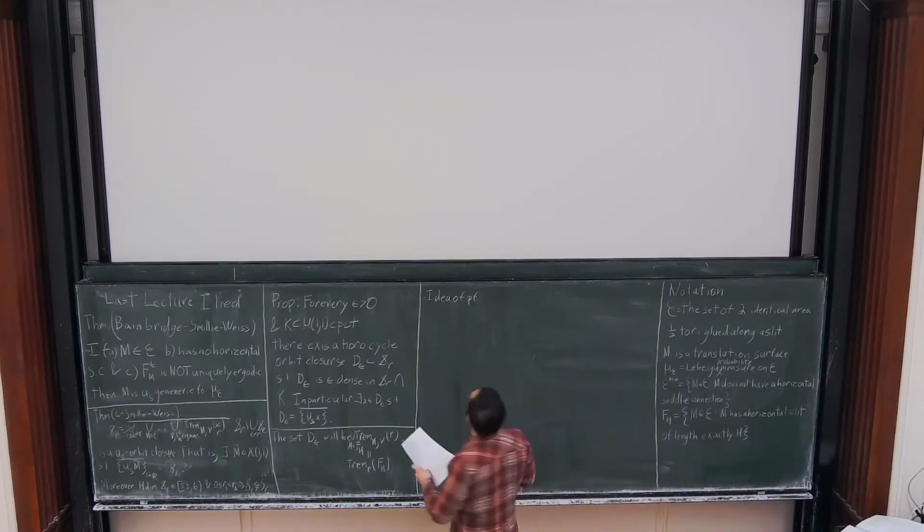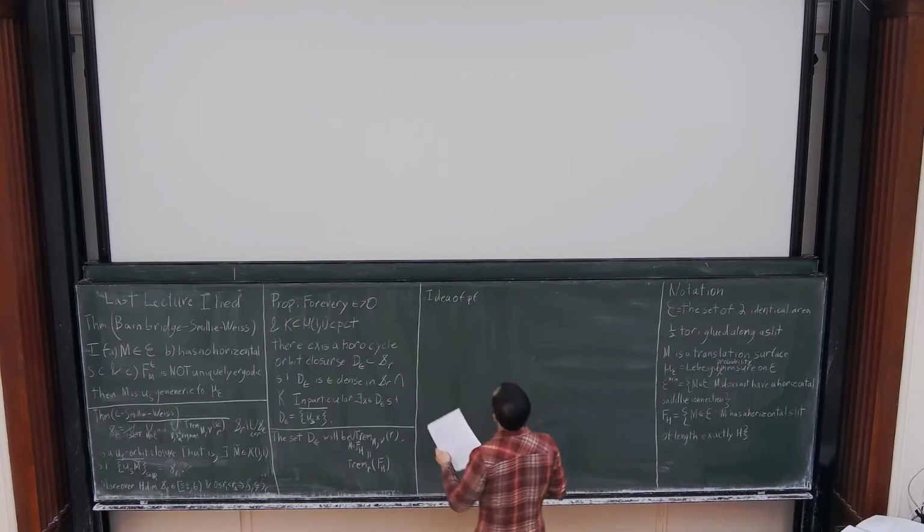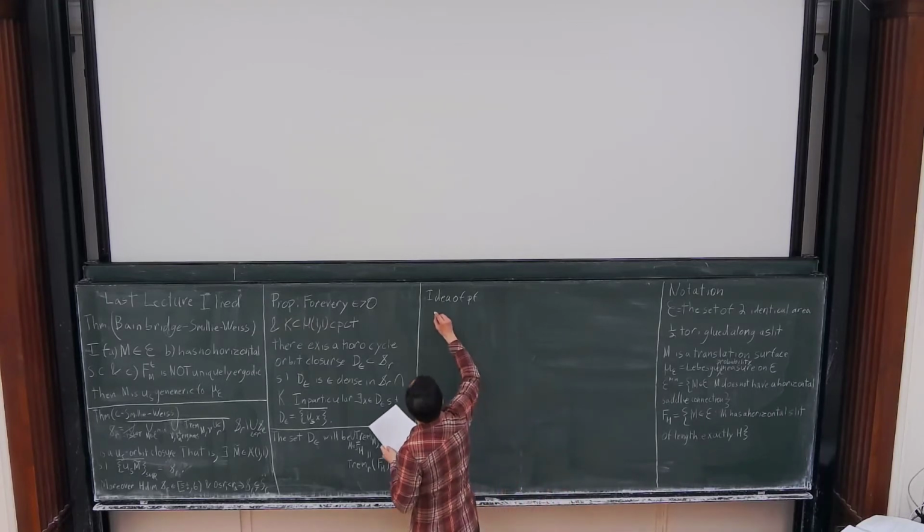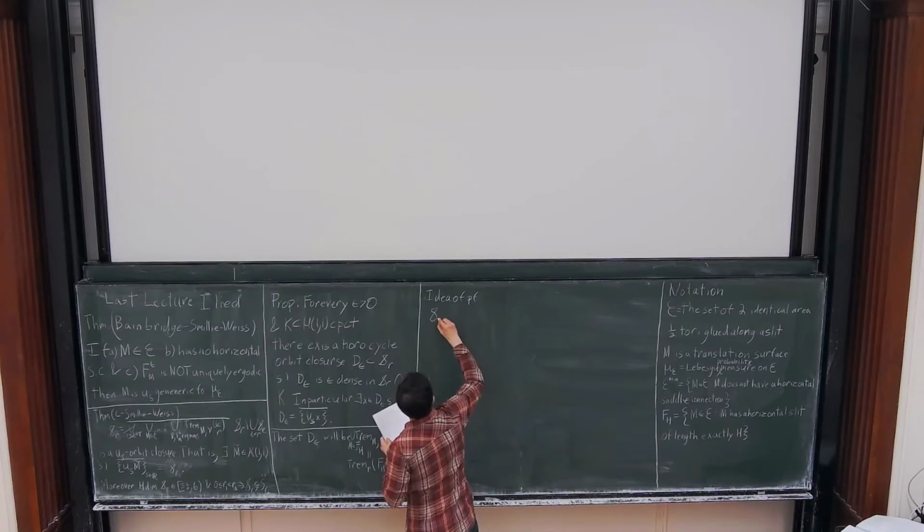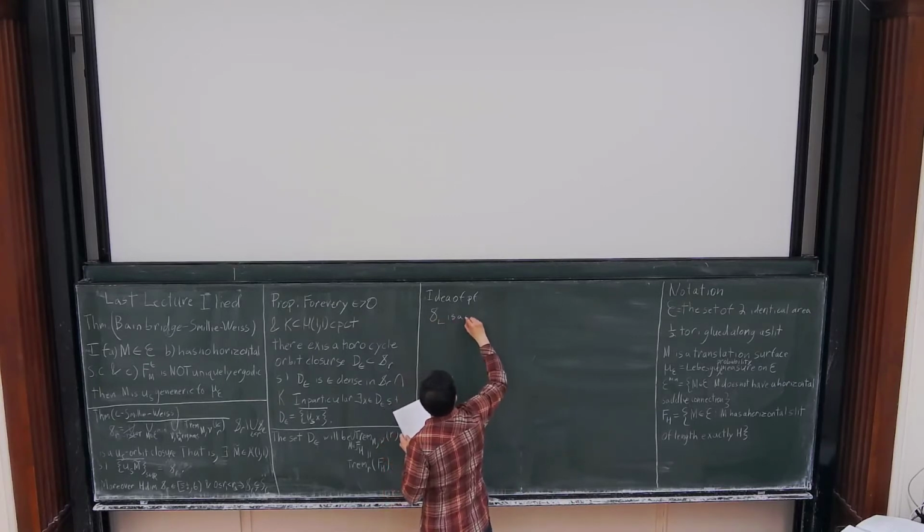All right, so what's the idea of the proof? The idea of the proof is as follows. S sub L is a complete metric space.